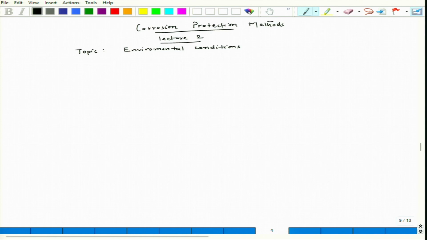Now, when we talk about environment, we also have to see what species are active for the corrosion process, and this environment can be of varied nature depending on the position of that metal or alloy component. When I talk about position, it can be its actual physical position, whether it is in the air or atmosphere, or below the earth surface.